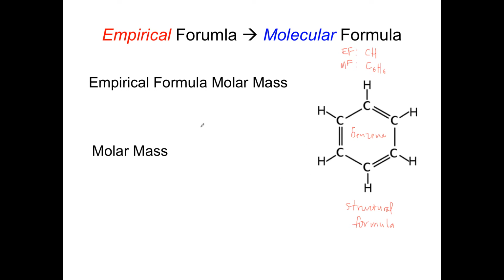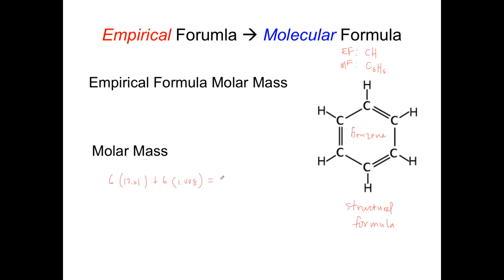Okay, so what we're going to do now is say, what's the molar mass? Well, the molar mass is going to be 6 times carbon plus 6 times hydrogen, right? Carbon is 12.01, looking at the periodic table. Hydrogen is 1.008.